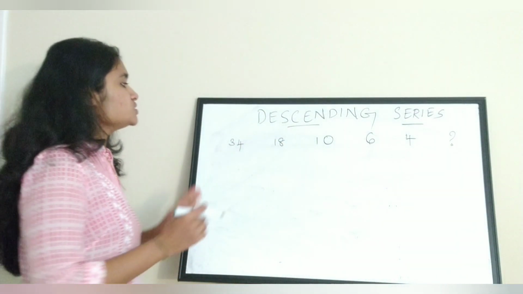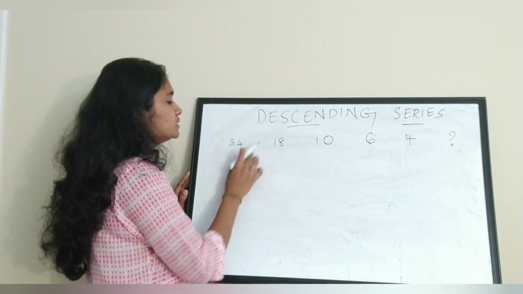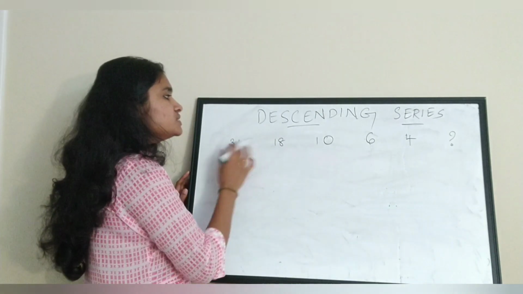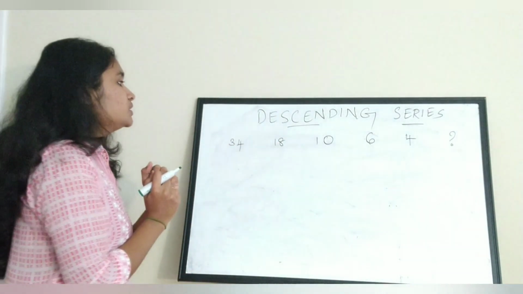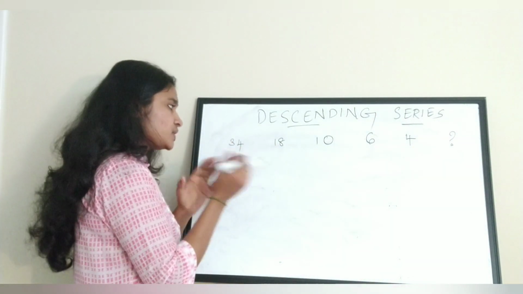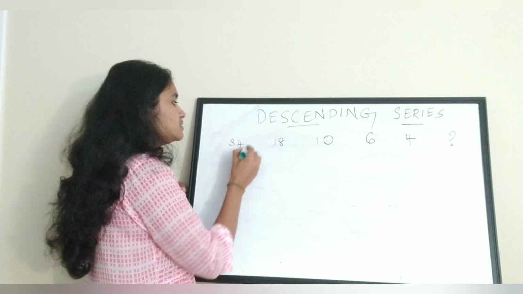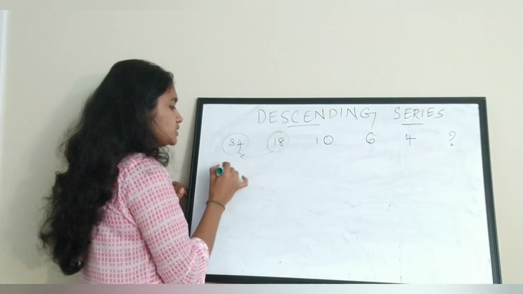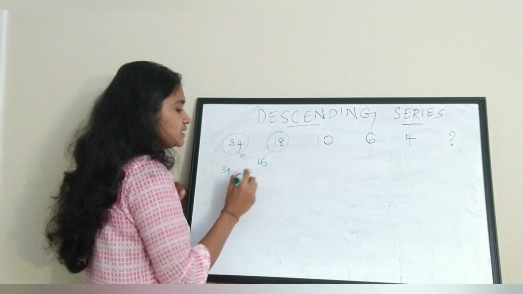series. Okay, so if you look at these numbers, it is clear that 34 is not divided by any number to get 18, because there is no relation between, that is 34 and 18, right? So it will be some subtraction, and in order to find that, we'll have to subtract this 18 from 34. So 34 minus 18 is 16, right?